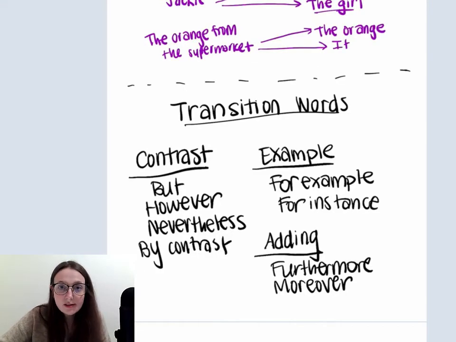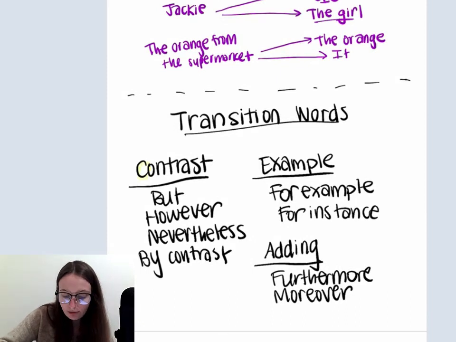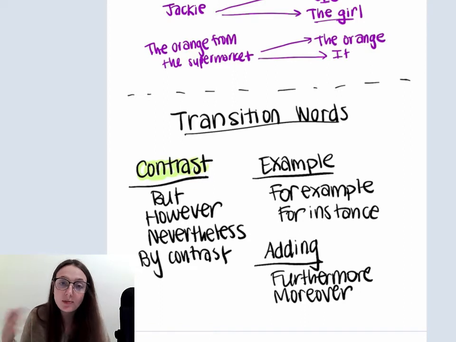The second most common type of question that they'll ask you with the sentence movement will rely on you using a transition word to figure out where to place the sentence that you're either considering adding or moving around. So transition words, what we have to know is that if we see a contrast word, a few examples are written right here, we would have to put that after a sentence that is stating something oppositional to our current sentence.